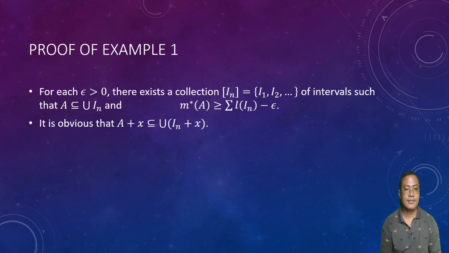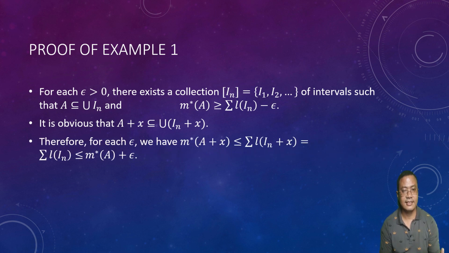It is obvious that if the union of I_n covers A, then A plus x is a subset of the union of I_n plus x. Therefore for each epsilon, m star of A plus x is less than or equal to the summation of the lengths of I_n plus x, and the length of I_n plus x is equal to the length of the interval I_n, and that will be less than or equal to m star A plus epsilon.